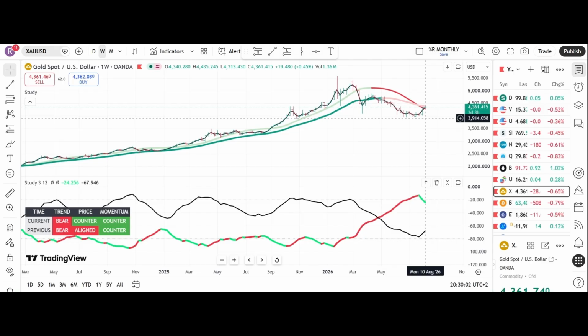With price now sitting above this moving average, even though the moving average is still red, this average red too, but the black line has moved in between them.